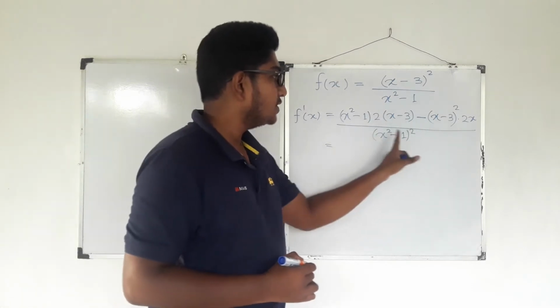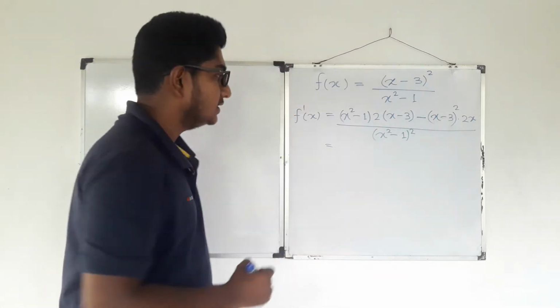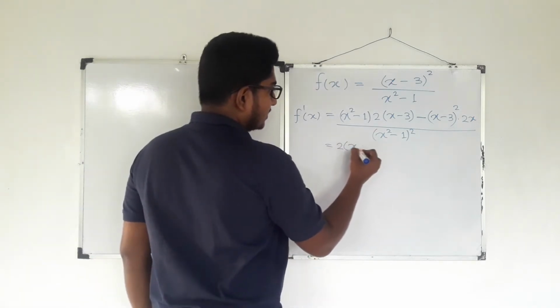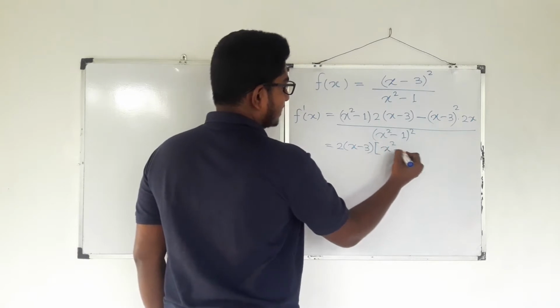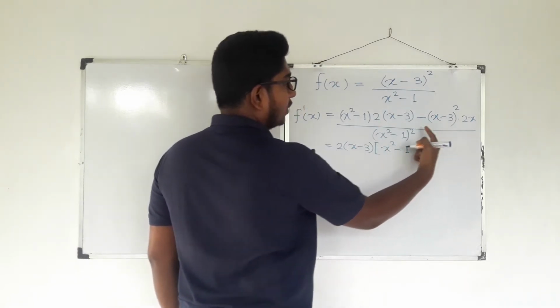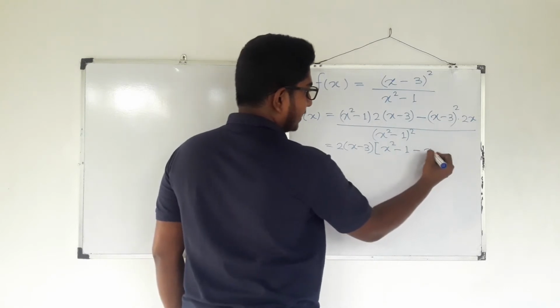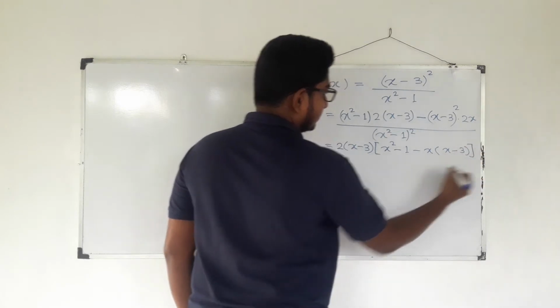From these two terms you can see 2(x minus 3) is a common factor. Take 2(x minus 3) out and we are left with x squared minus 1. Here when we take 2 out, we have x and the x minus 3 term.